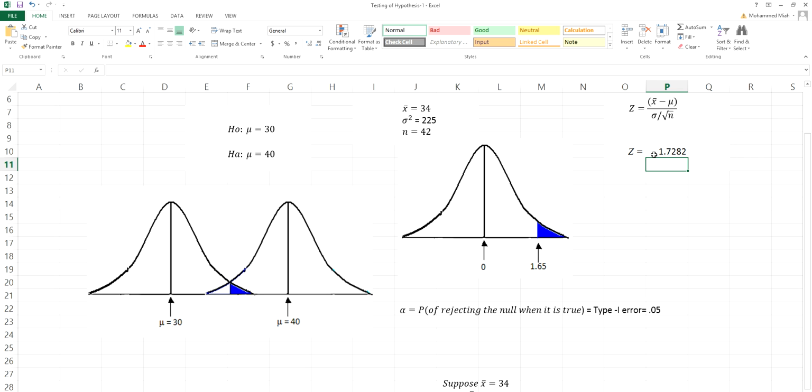Enter. I have 1.73. So 1.73 is where? To the right of this 1.65, right? So I'm going to reject the null hypothesis, knowing that my type 1 error is 0.05.